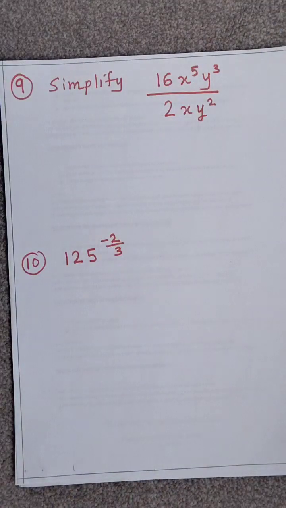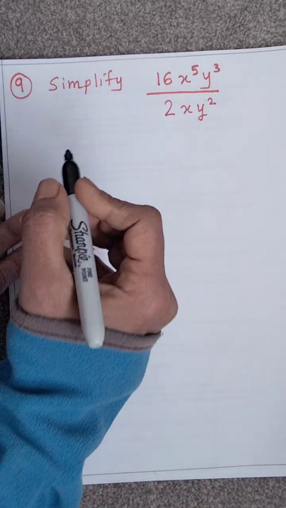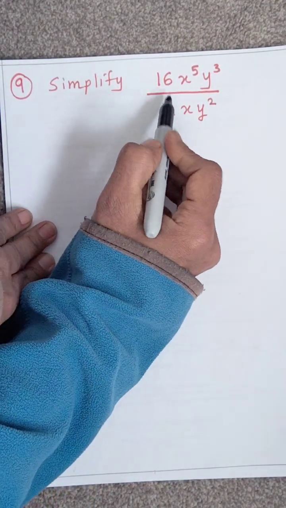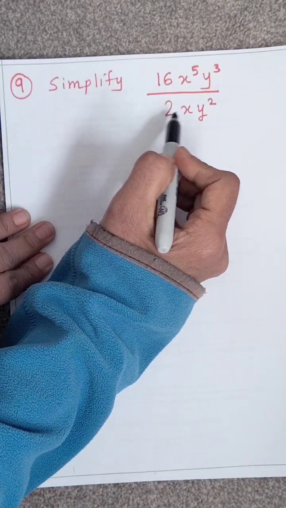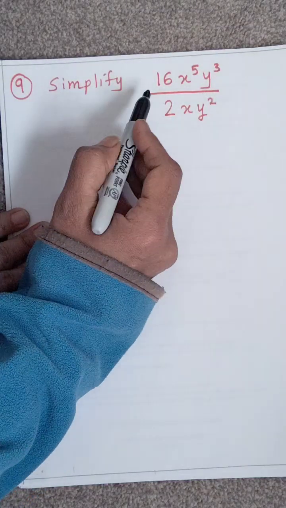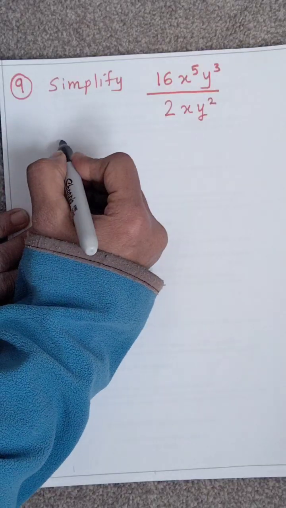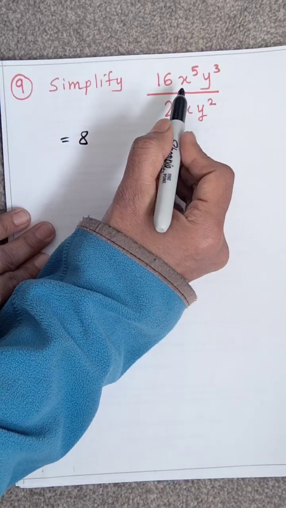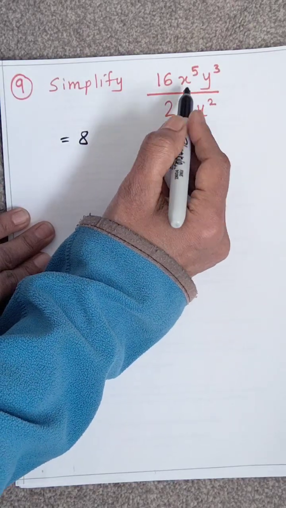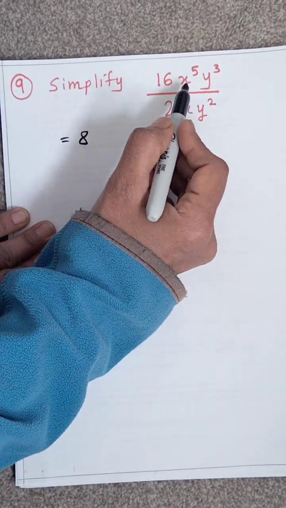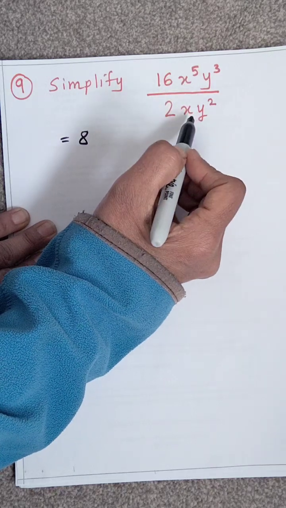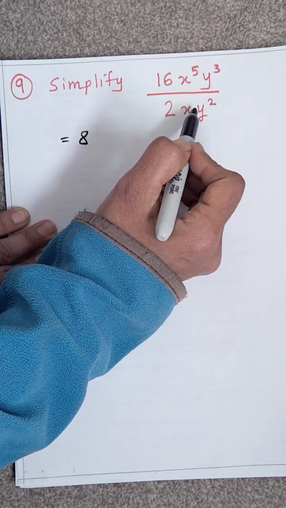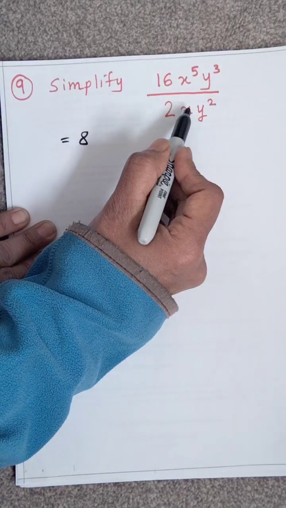Another question. Simplify. Here we will go for the numbers first and then we will do the letters. So what is 16 over 2? 8. Now next, x raised to 5, we'll go one by one. First we'll go for the x term. x raised to 5 over x. x is x raised to 1.